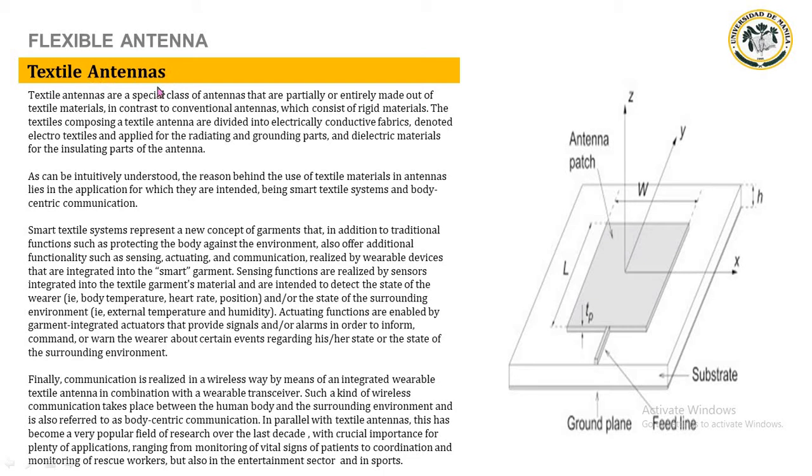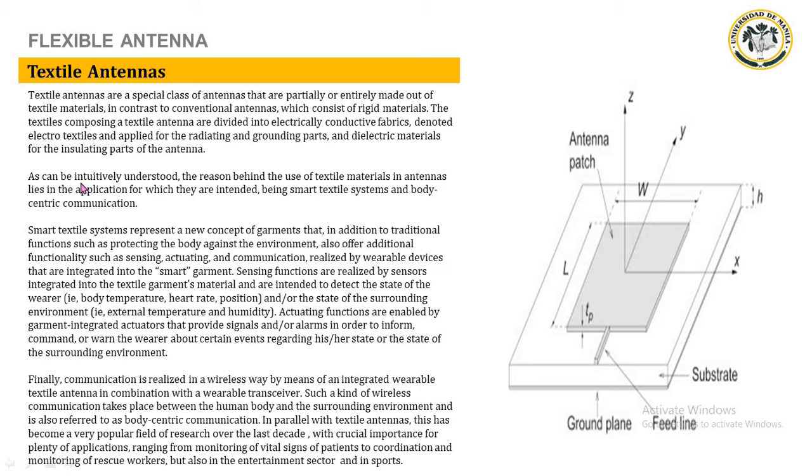Textile antennas. Textile antennas are a special class of antennas that are partially or entirely made out of textile materials. In contrast to conventional antennas, which consist of rigid materials, the textiles composing a textile antenna are divided into electrically conductive fabrics, denoted electrotextile and applied for the radiating and grounding parts, and dielectric materials for the insulating parts of the antenna.